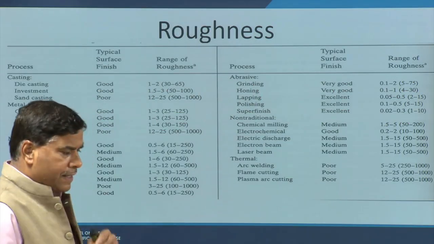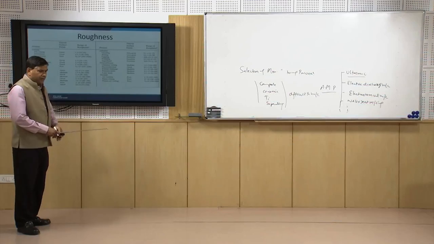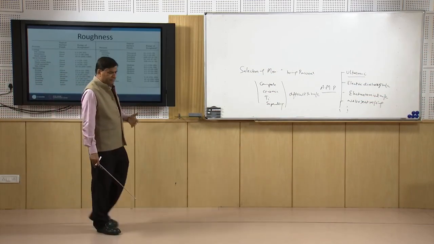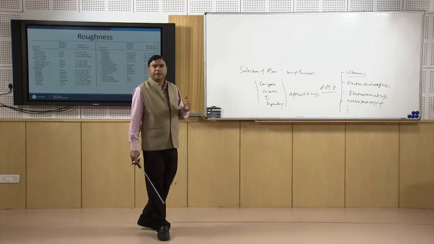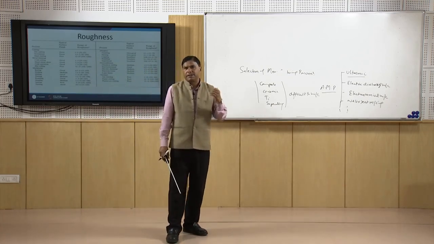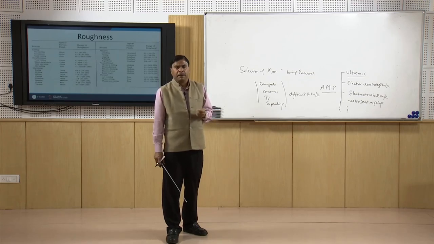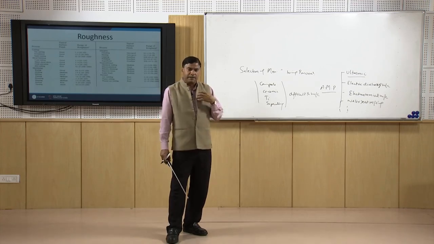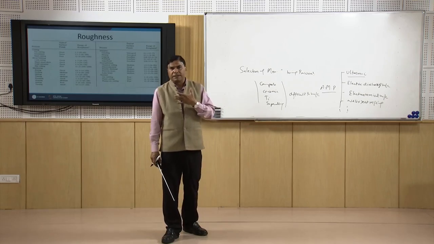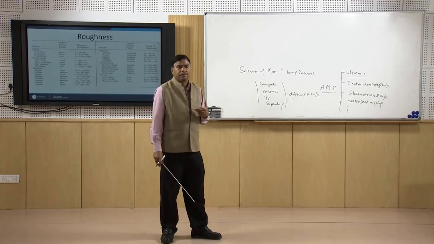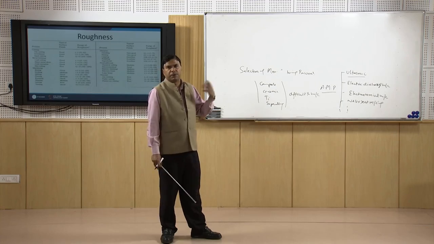So, as I have said, there are various processes which have different kinds of capabilities. For example, casting is the fastest route to get complex shapes, but very thin sections cannot be made. Forming is the best method for making simpler cross sections and simpler shapes at a very high rate, provided the volumes to be produced are high.